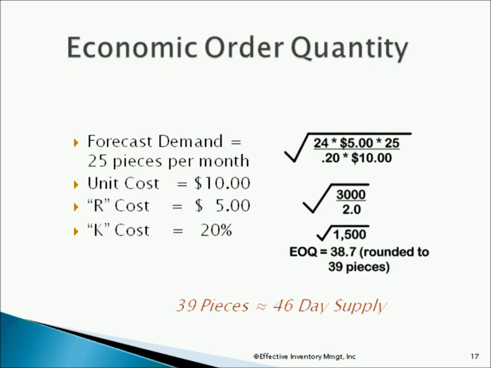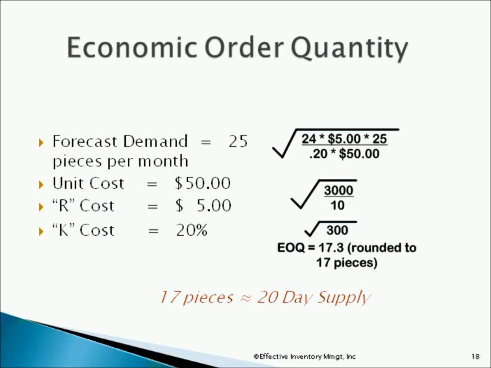Let's look at another example. Here, I'm still selling the same amount per month, 25 pieces, but instead of a unit cost of $10, I have a unit cost of $50, five times more expensive than the first item.